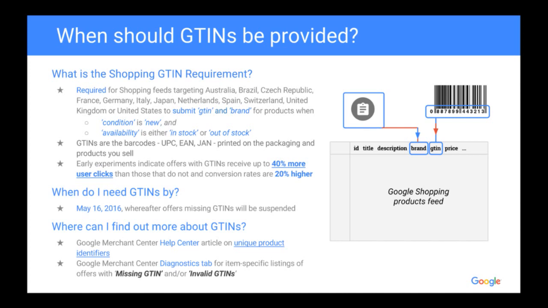That's why we'll be offering a dedicated training, much like this one, next Thursday, same time, 8:30 Pacific time, I think 4:30 European Central Time, to answer and address all the questions you may have about these global trade item numbers.